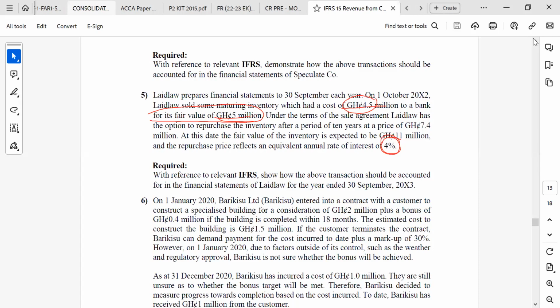So from 1st October to 30th September, the company will be charging interest of 4%. They are going to be having a finance cost of 0.04 times the 5 million. Okay, and in their statement of financial position, they will be having a loan or a liability of 1.04 times 5 million. That is very simple.